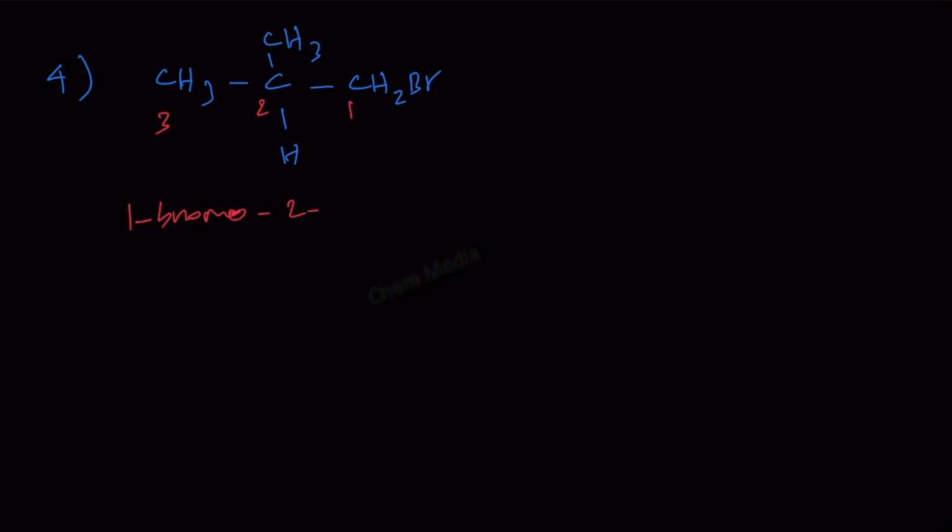Now, let us go to the 4th isomer. We discussed 3 isomers so far. We can also write 1-bromo-2-methylpropane, that is CH3, then C H CH3, and then CH2Br. So, this is 1-bromo-2-methylpropane.